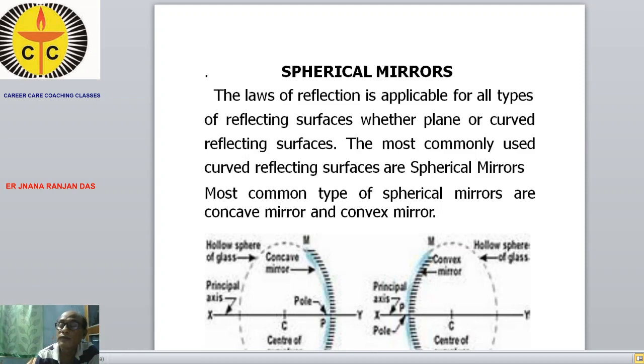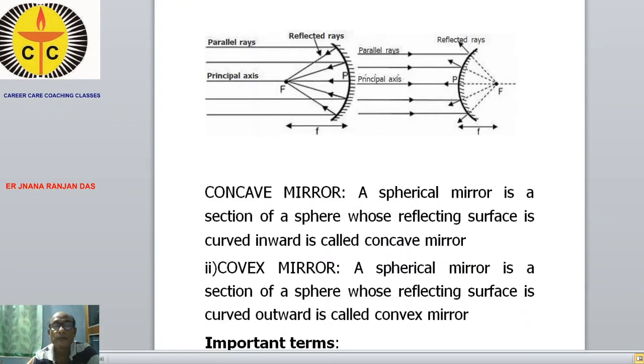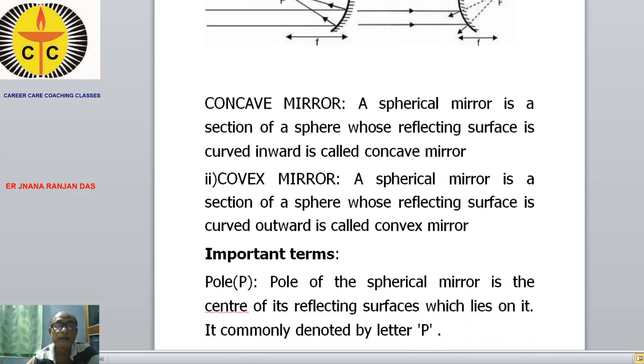One is the pole of the mirror. The pole of the mirror is the center of its reflecting surface.